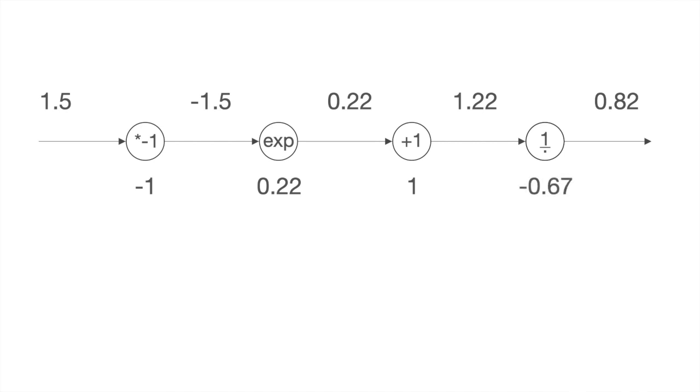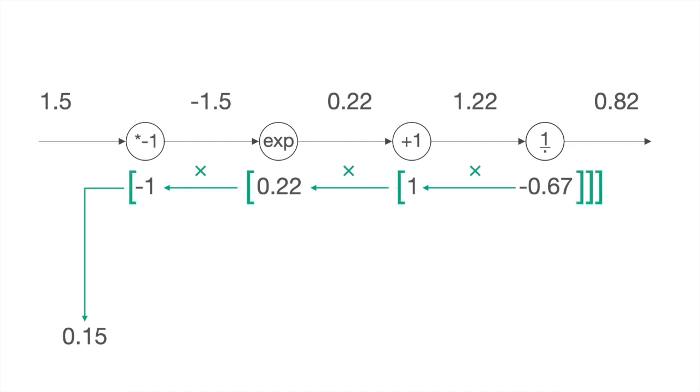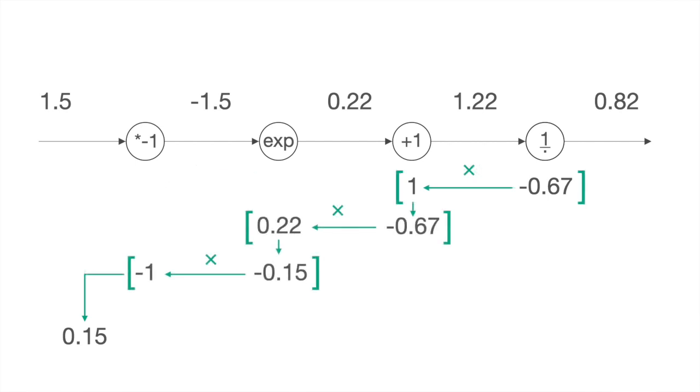Taking the product of all of these terms backwards, we find that the overall gradient of the entire expression is about 0.15. And if we once again bracket it pairwise and evaluate all of those pairs, we also get numerical values for the gradients at each of the nodes.